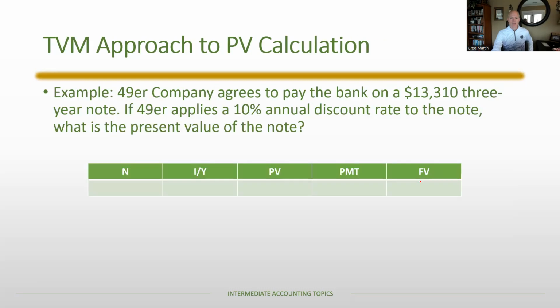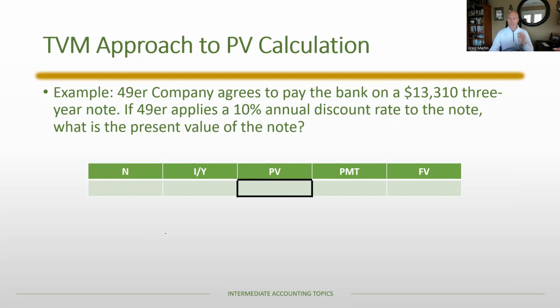Now we're going to use our time value of money calculator. We're going to start with that ongoing example, $13,310 in 3 years. And we're going to apply a 10% discount rate. Again, in this case, instead of solving for FV, we're solving for PV. So we're solving for a different number, but we still need to fill in the other 4. And so I'm always intentional.